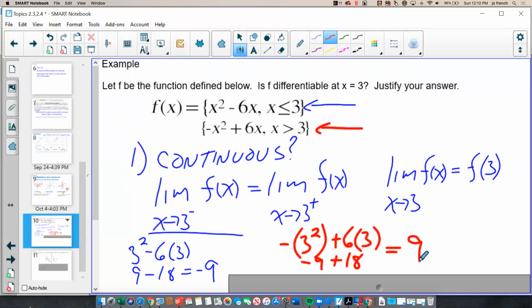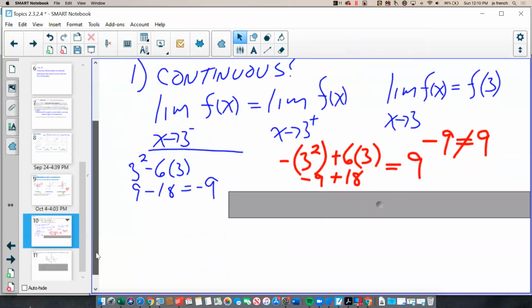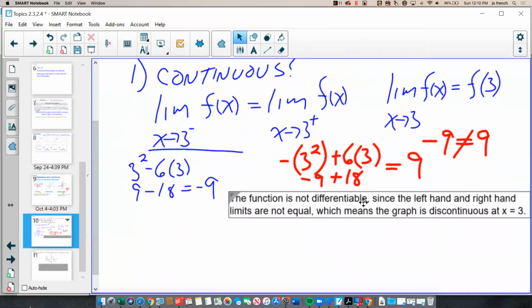Well, negative 9 and positive 9 are not equal to each other, so our function is not continuous, which automatically tells me that my graph is not differentiable. We have a discontinuity at x equals 3.